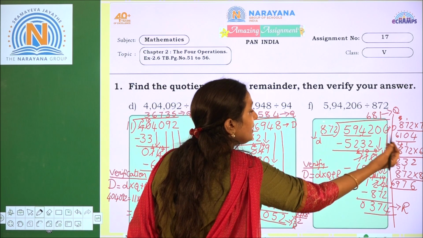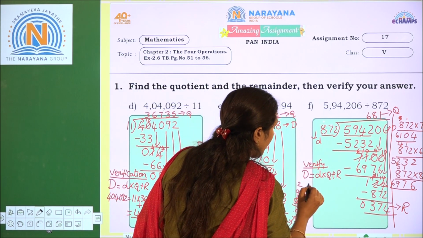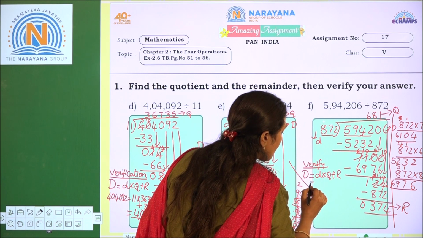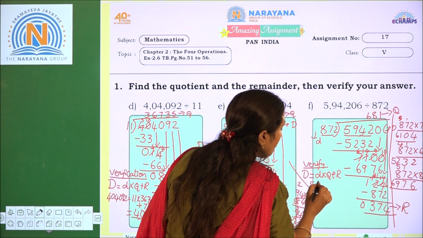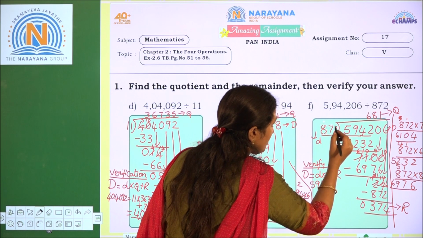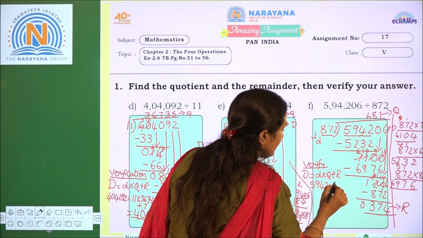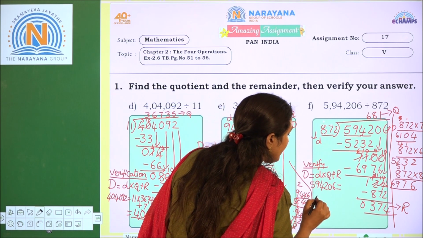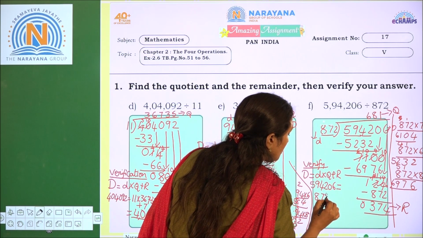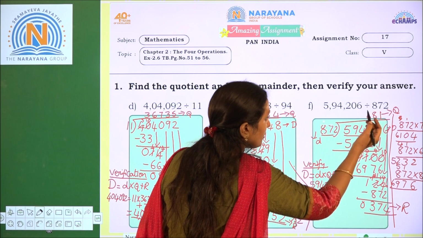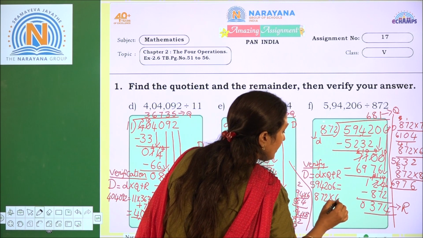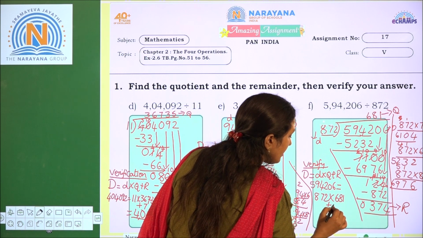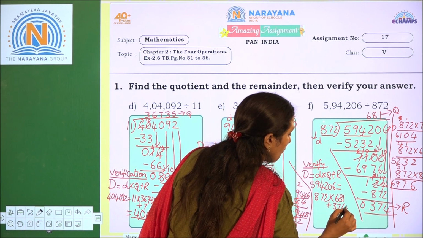So what is the dividend here? 5 lakh 94,206 equals, what is the divisor? 872 into the quotient 681 plus 374.